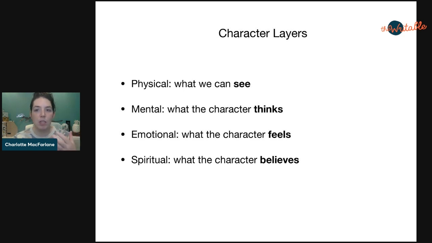It's their belief system and the way that they think the world works in general. Sometimes religion can be part of that, but not really what we're discussing here today. The biggest thing with the spiritual level is that limiting belief that holds them back, that belief that is going to shift. So again, we're looking at that belief shift.